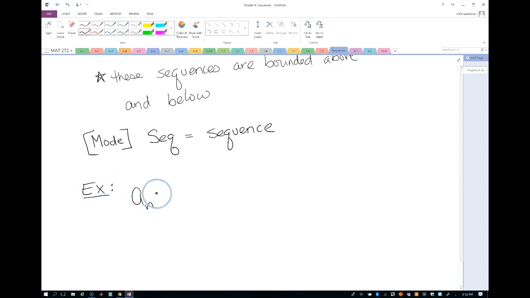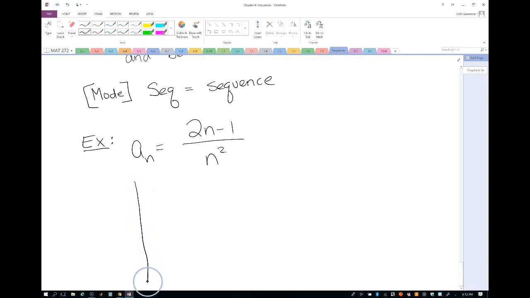So a sub n is 2n minus 1 over n squared. And I'm going to plot out the terms for this sequence. So remember, sequences always start with n equals 1. If I were to plug 1 in, I would get back 1.